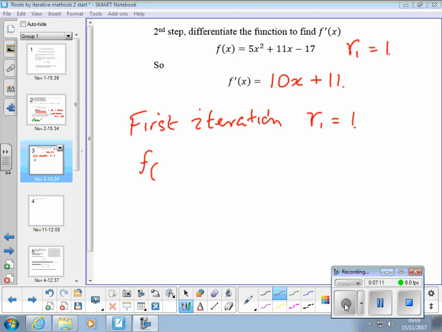The function at r1 is equal to 5 times 1 squared plus 11 times 1 minus 17 equals minus 1. It's not on the page, but we'll put it.